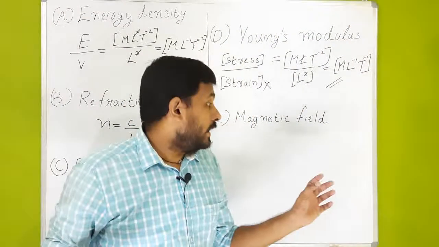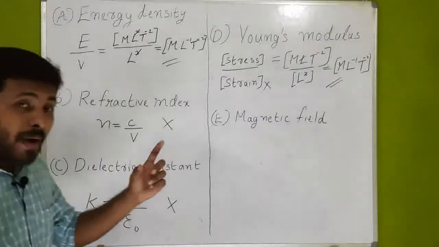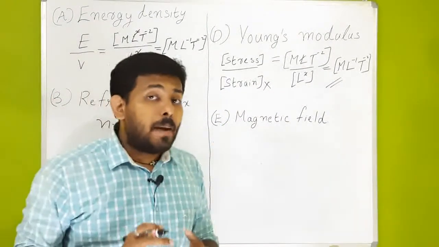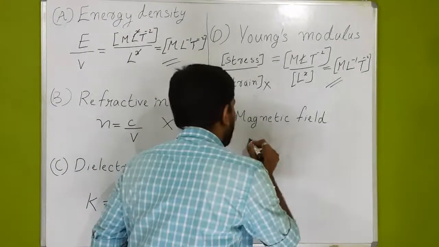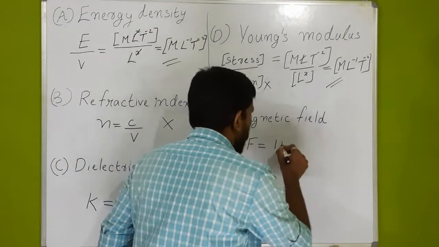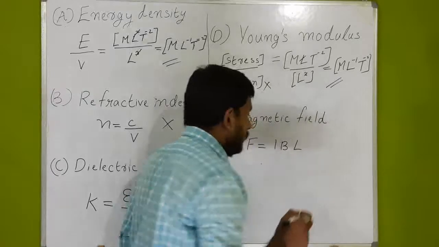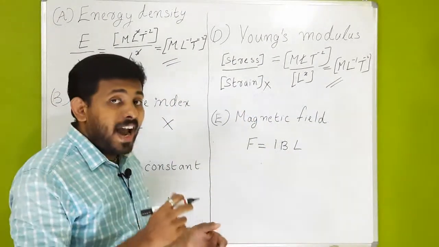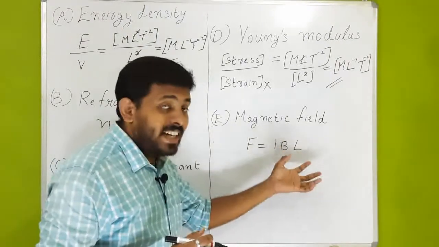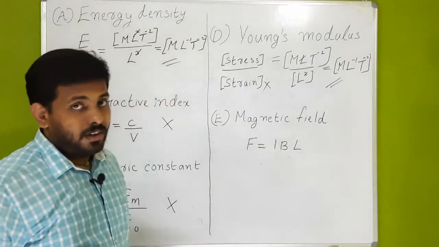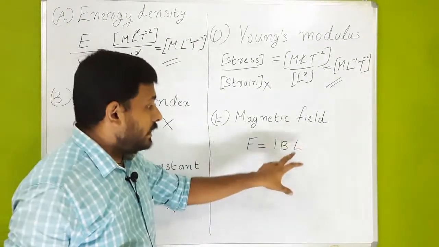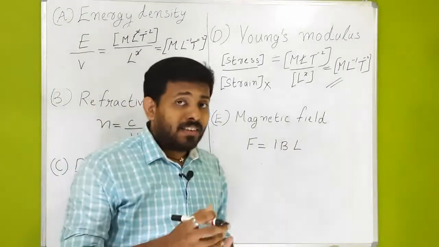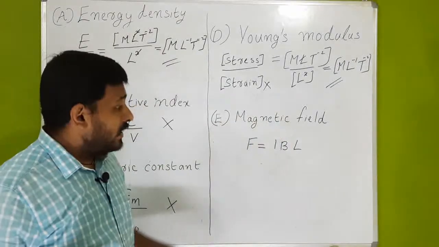Next we have to find the dimension of magnetic field. For finding the dimension of magnetic field, I'm going to use an equation, that is F is equal to I B L. So this equation is the force acting on a current carrying conductor placed in a magnetic field. You studied it in plus 2, or those who are in the 11th class will study it in 12th.